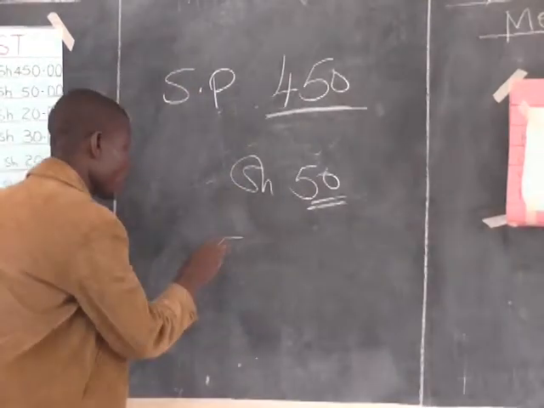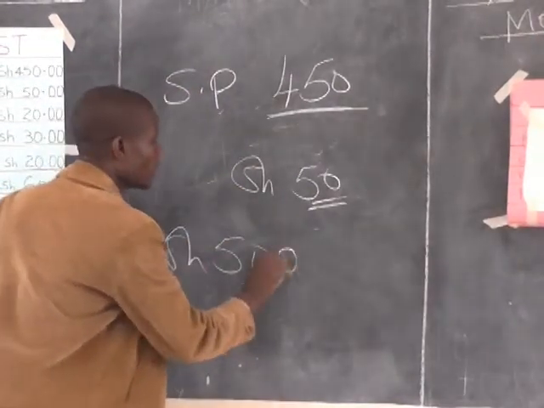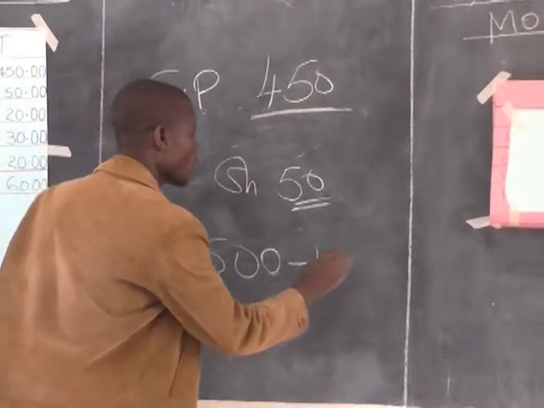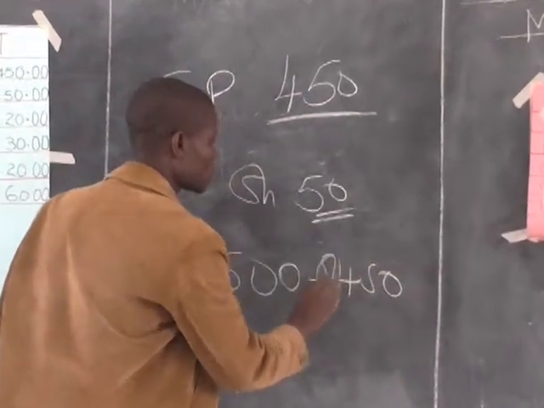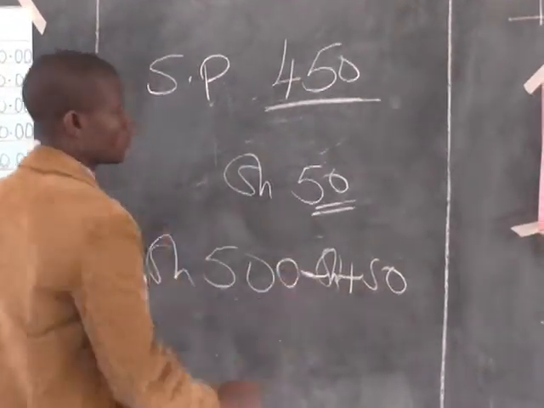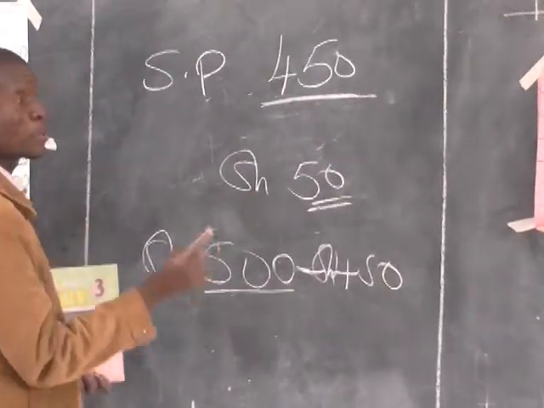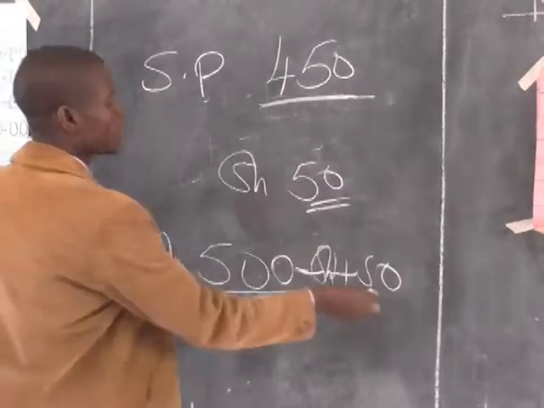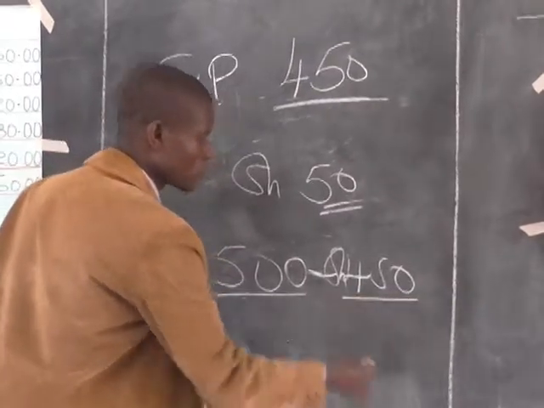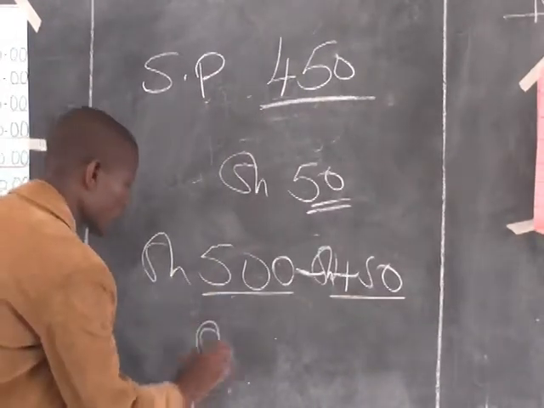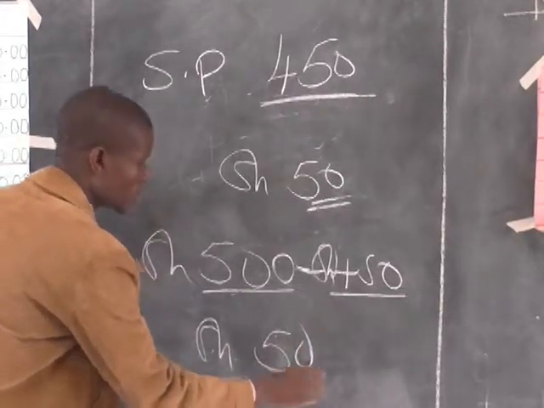Good. It is 500 shillings take away 450 shillings. So when you take 500 shillings, which was paid when the book was being bought, take away the amount of money at which the book was sold, the difference will be 50 shillings.